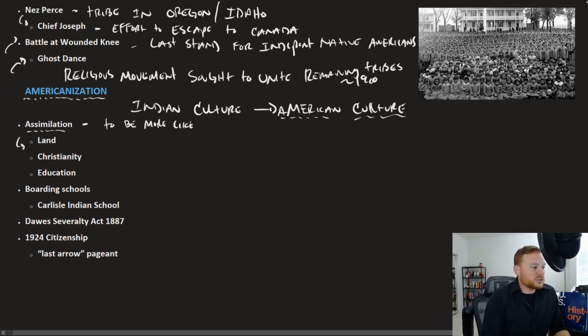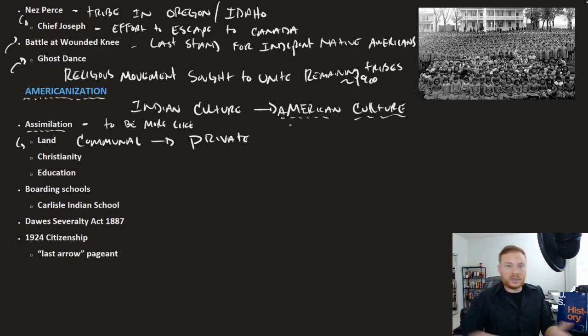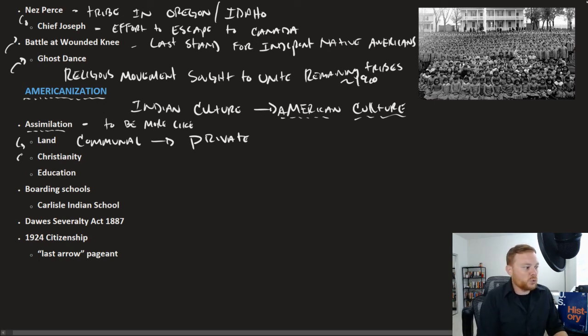One of them was in terms of land. Many Native Americans used land communally, whereas most Americans believed in private property, individual land ownership. So if Native Americans give up their communal practice of land and farm like independent farmers like Americans do, that's one way to become more American.